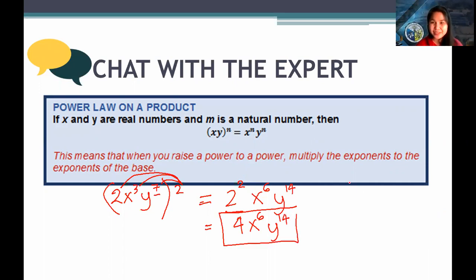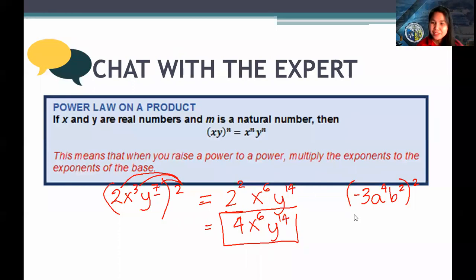Now, I'll give another one. Ready? Negative 3, a to the power of 4, b to the power of 2, raised to the second power. Ready? Go. In the chat box, send me the correct answers.